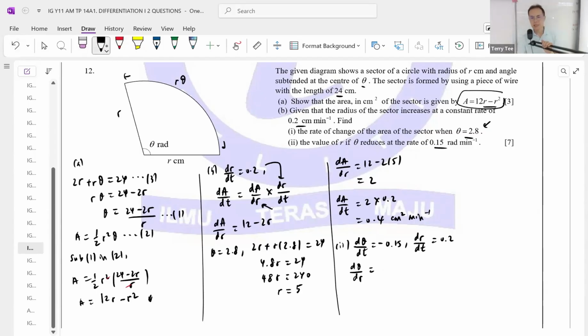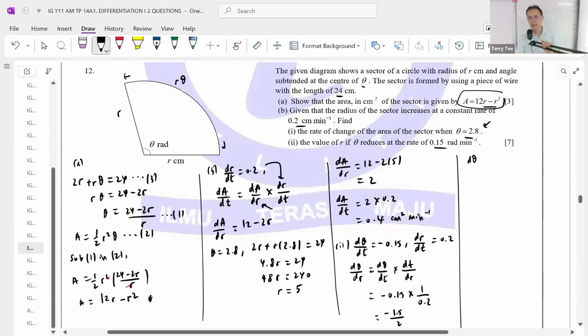Write down your d theta/dt multiply with dt/dr. d theta/dt is negative 0.15. dt/dr is 1 over 0.2. So again, we switch the decimal point. So you get negative 1.5 divided by 2, right? What is it? Negative 0.75. d theta/dr is negative 0.75. 0.75, you can think of it as 3 over 4.